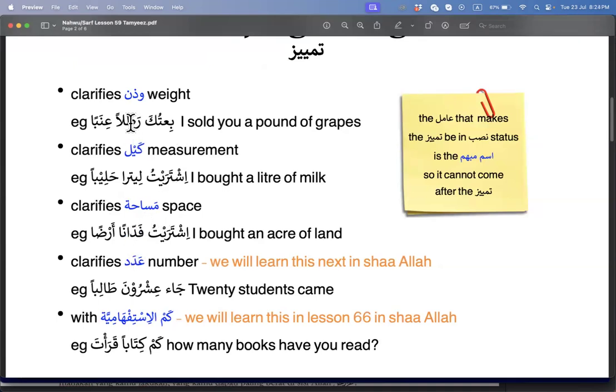That weight itself has a role, but what comes after that is your tamyiz. For example, bi'tuka rotlan, I sold you a pound. Fi'il, fa'il, maf'ul; rotlan is another maf'ul. Inabat is your tamyiz because it clarifies a pound of what, a liter of what, an acre of what. All these words are your tamyiz.